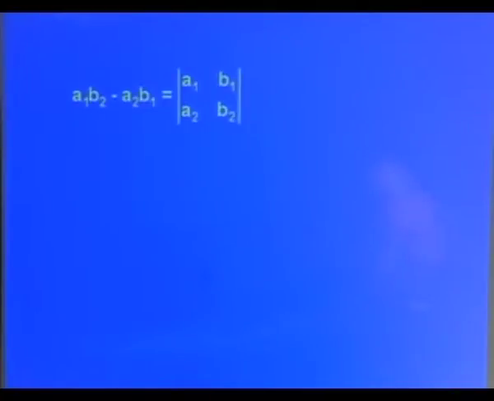This determinant is equal to the left hand side because one can very easily check that the left hand side is equal to a1 b2, this product, minus the product b1 a2. Similarly, one can write down the expression c1 b2 minus b1 c2 as a determinant.